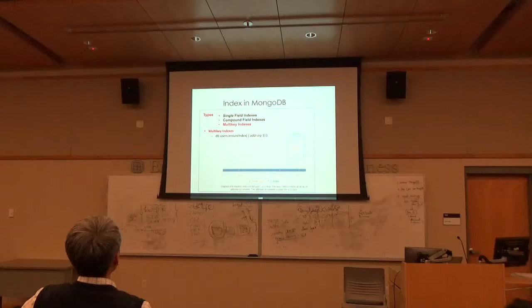The last one is a multi-key index. A multi-key index will be used for this one: the address has the zip, so address.zip. We can use such a zip code.